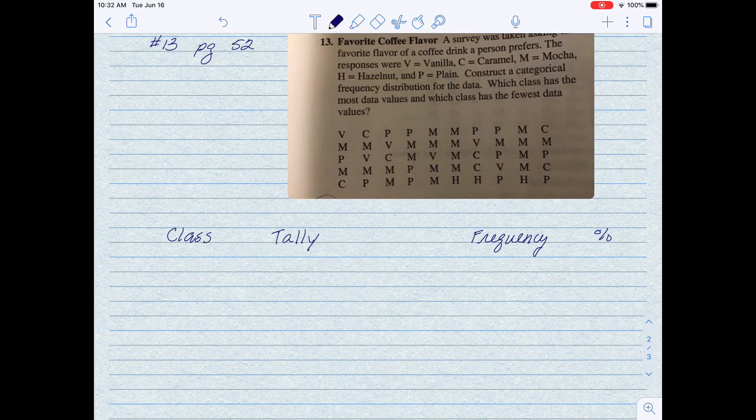So in our classes here, we have V is for vanilla. We have C is for caramel. Caramel, sorry, I said that wrong. Let me fix that. Caramel.